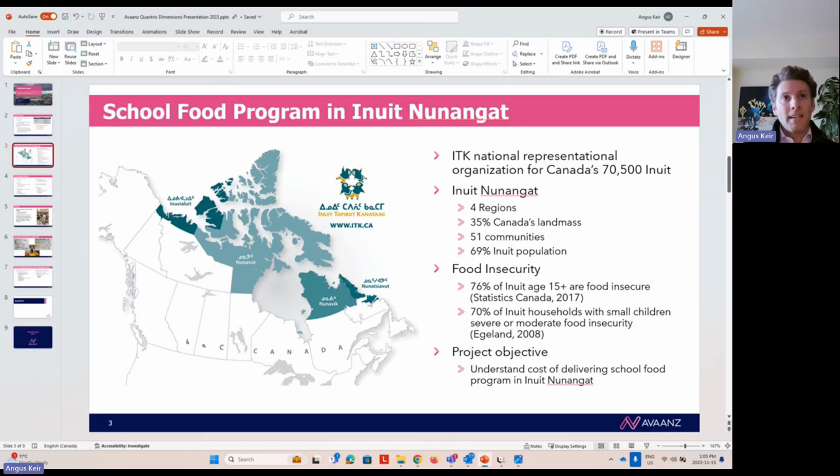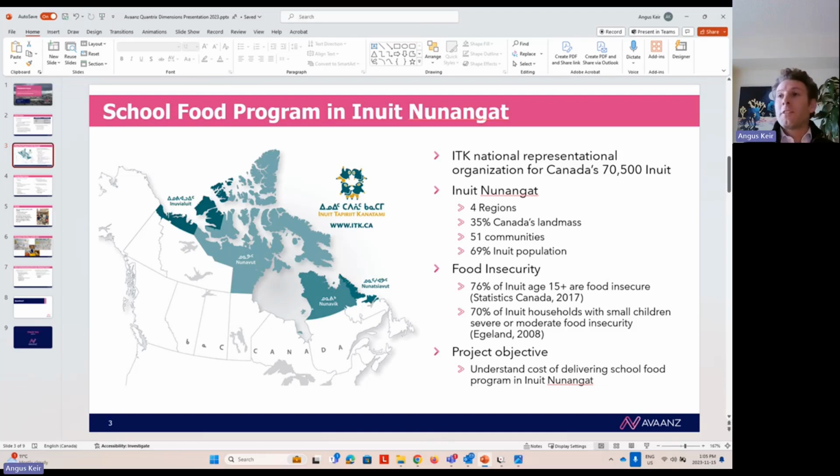On the left-hand side, you'll see just beside Alaska there and above the Northwest Territories and Yukon is the Inuvialuit Settlement Region. In the center is Nunavut, which is its own territory. Then we have above Quebec, Nunavik, and on the far right-hand side, Nunatsiavut.